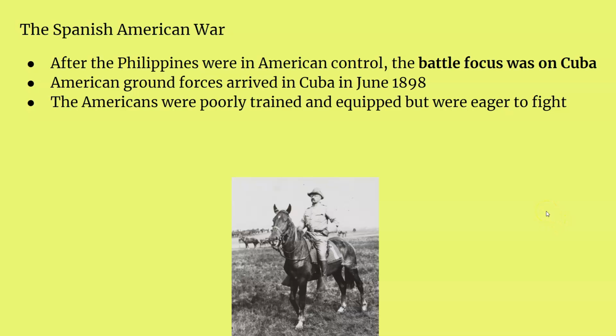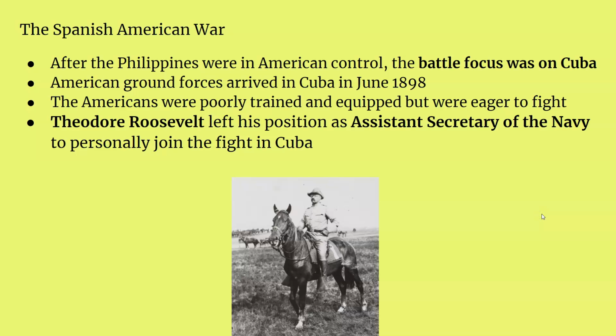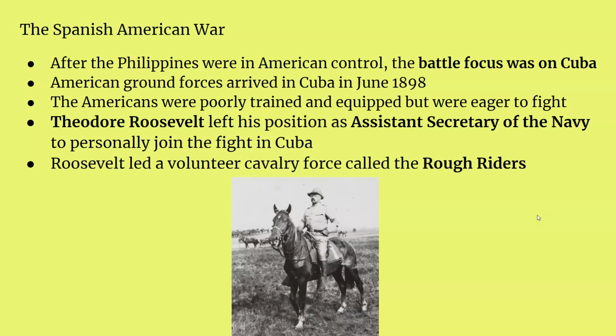It's tropical, it's hot. They weren't ready. They didn't have enough supplies and munitions, but they were eager to fight. And Theodore Roosevelt, who is not president yet, he's actually the Assistant Secretary of the Navy, takes it upon himself to rally a volunteer cavalry force called the Rough Riders to Cuba.